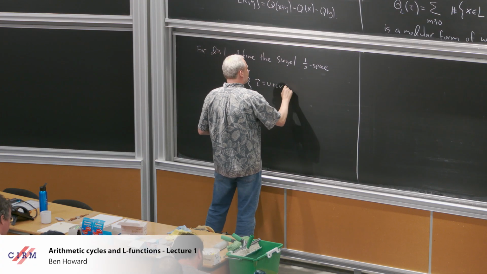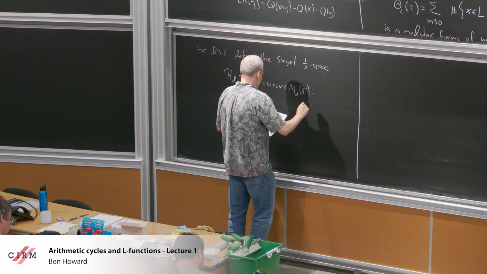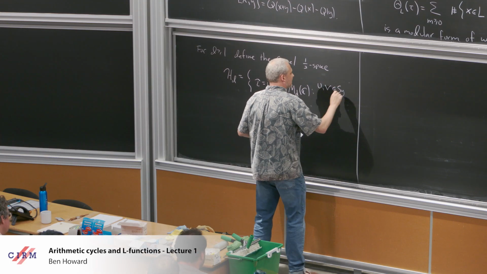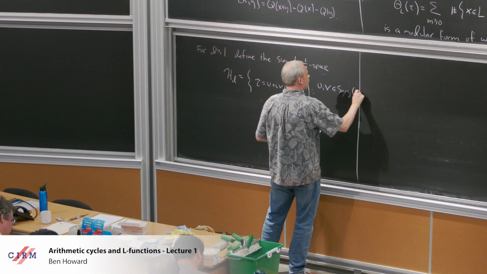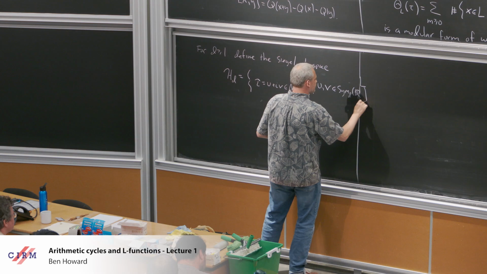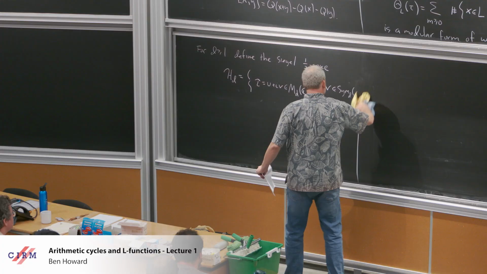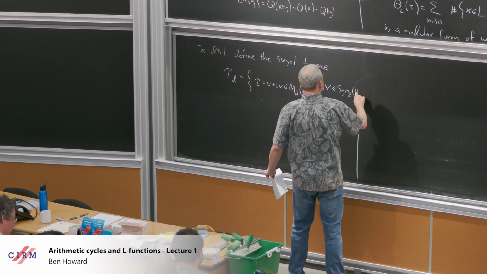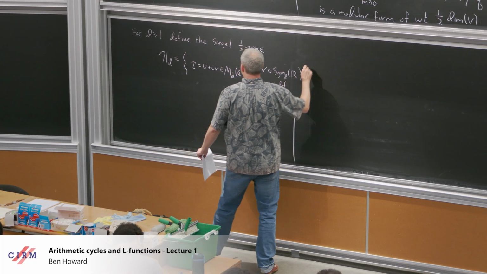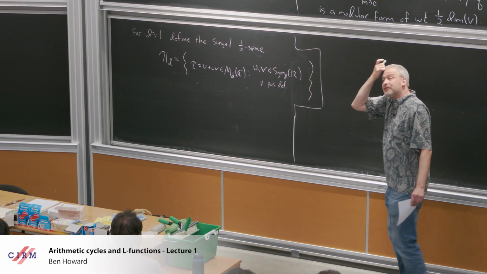So tau is going to be a d by d matrix such that the real and imaginary parts are symmetric, so tau is symmetric, and v is positive definite. So this is my notation for symmetric d by d matrices.